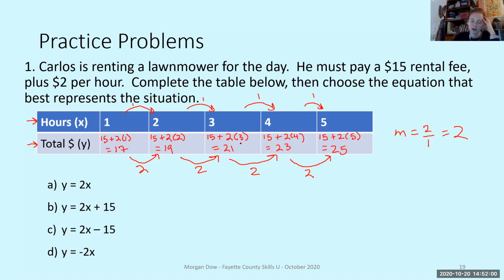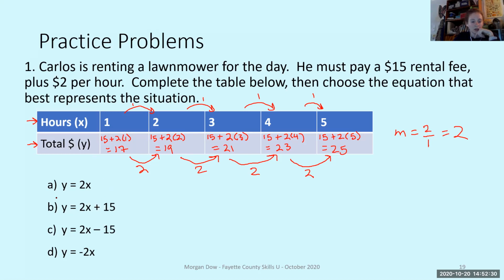Now let's figure out the second part of this question. Let's choose the equation that best represents the situation. Let's think about what we did with our calculations to figure out y, or the total amount that he has to pay. Each time we did 15 plus the hourly rental fee, right? So we know that we're going to be adding 15 in there.